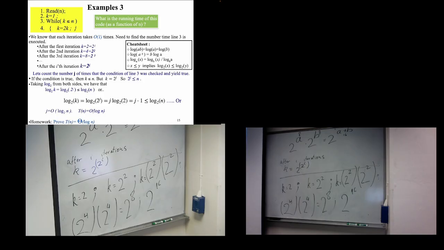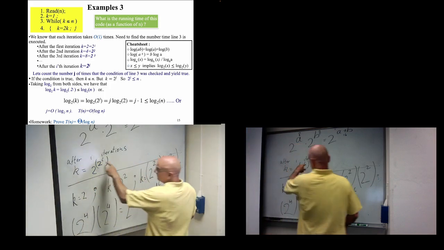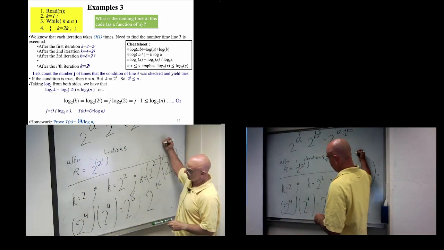That's absolutely correct. And that's why the overall running time will be, if we are doing something similar to this, I want to get that k or that i over here smaller than some function of n. How can I get i smaller than something?